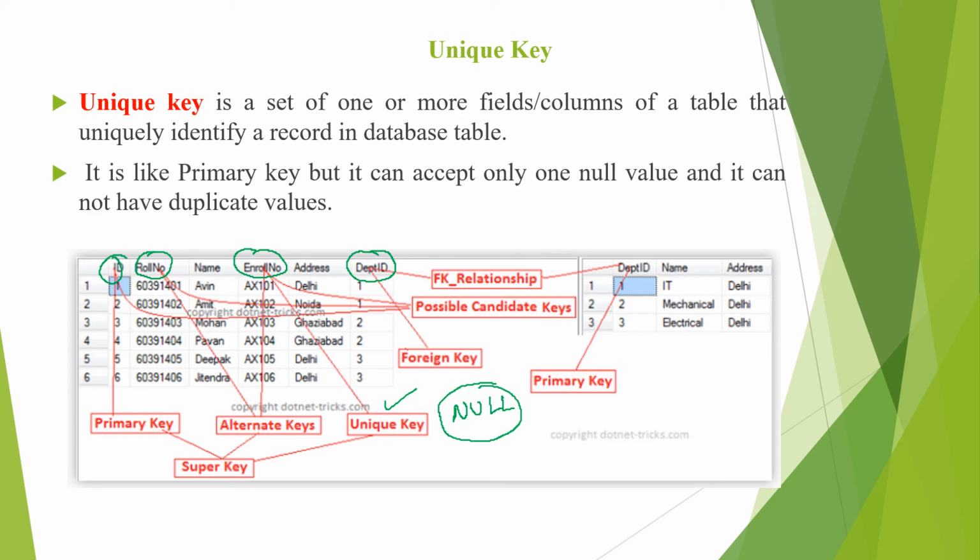It will accept this null value, but the primary key won't accept null values. That is the major difference between unique key and primary key. Once again, the unique key is a set of one or more fields or columns of a table that uniquely identify a record in a database.